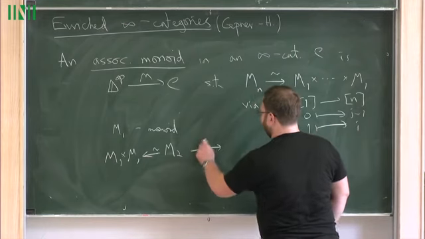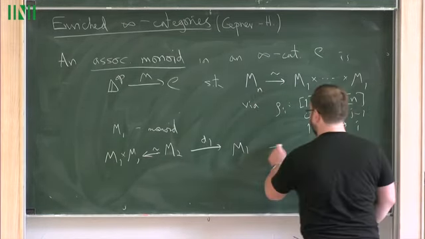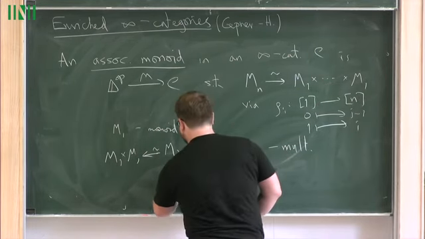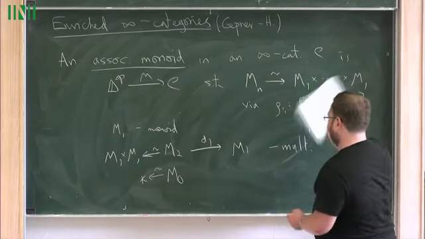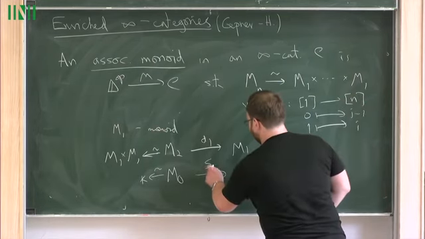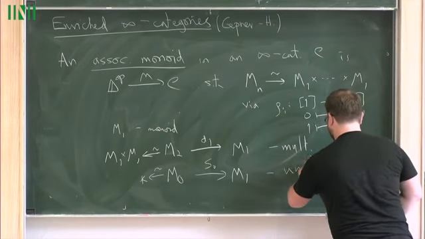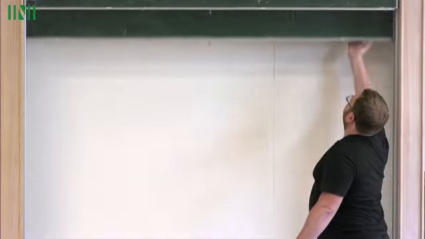Then we still have the inner face map, which gives us a map to M1, which is the multiplication, and then if we look at M0, that's equivalent to a point by the case n equals 0 of this property, and then we have the degeneracy map to M1, and that gives the unit for the multiplication.